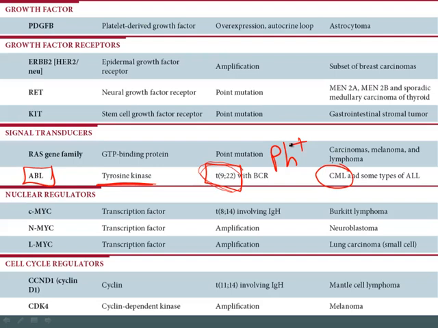And recall that ALL with a 9;22 translocation has a relatively poor prognosis. So that's another type of oncogene that can be mutated, i.e. signal transducers.